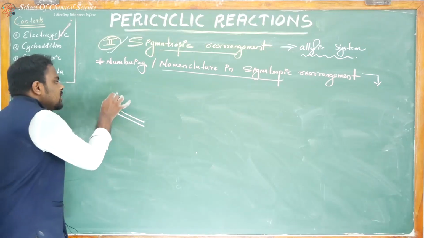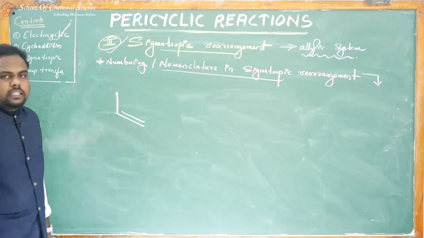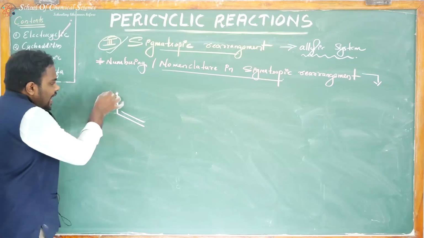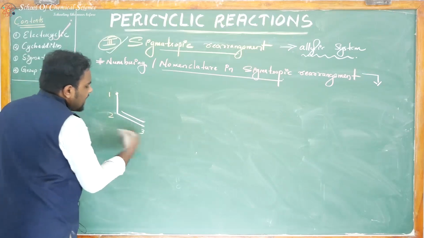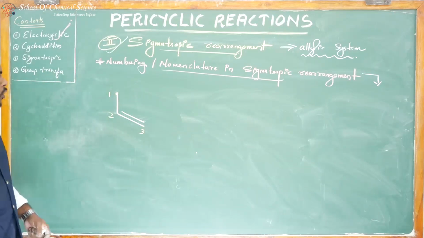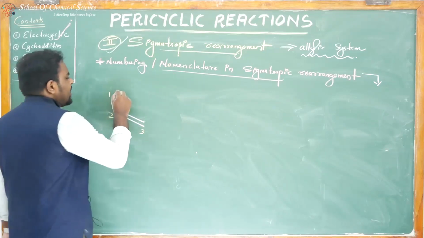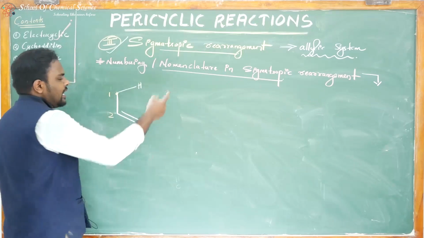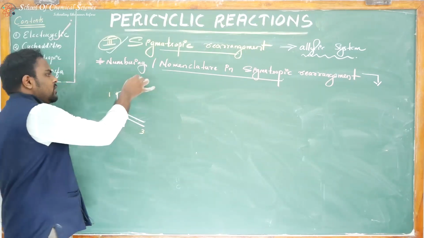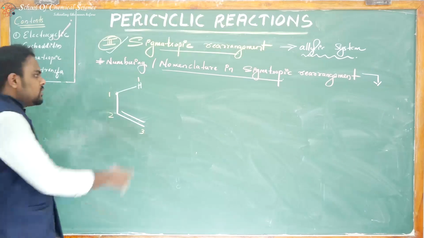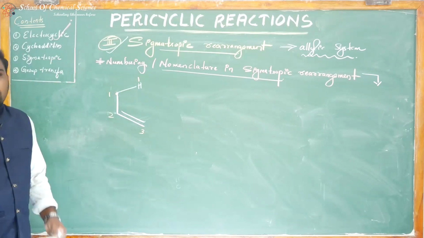Yes, because an allylic carbon is present in the system. So give 1, 2, 3. Then in the opposite side also you have to give a number. In the opposite side here only a hydrogen is present. So that hydrogen is 1. So this is called as the 1,1 bond.